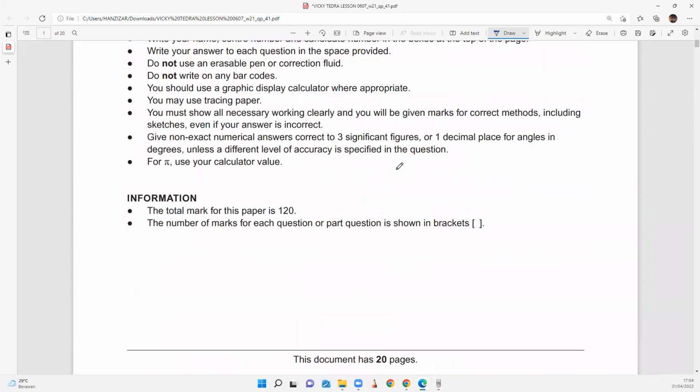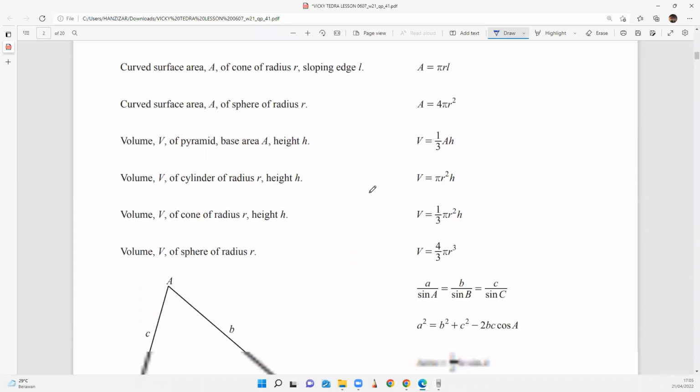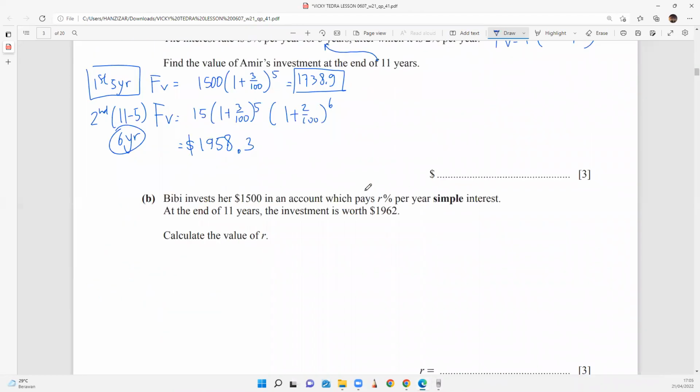Or 1 decimal place for angle. Okay, this is not an angle. No specification. So 1960, right? Because we are calculating the 3 significant figures.